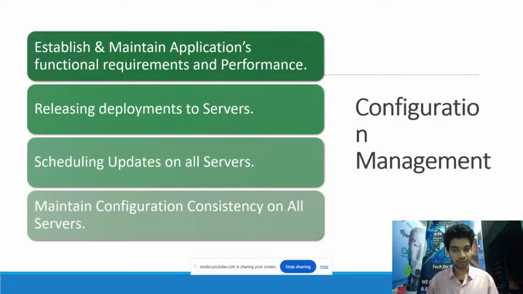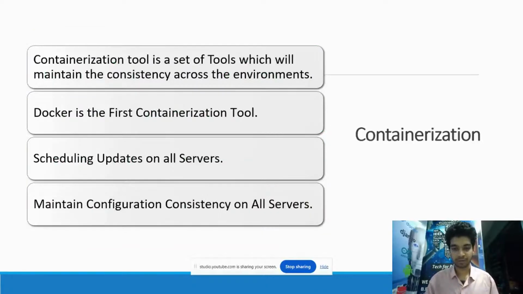So it is used for maintaining the servers, updating them on time, and scheduling updates on time. For these types of tasks, a configuration management tool such as Ansible is used. In this entire journey of DevOps, we will come across Ansible also.